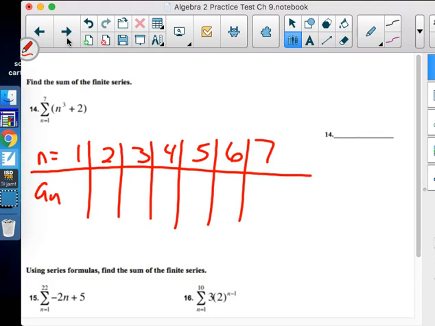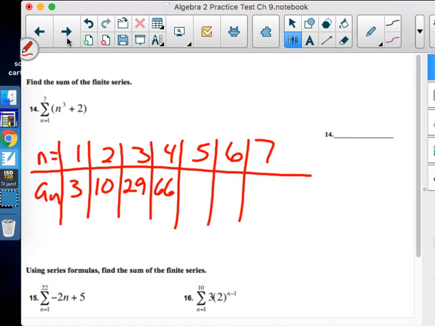Let's see. 1 cubed is 1. 1 plus 2 is 3. That's not so big and scary yet. 2 cubed is 8. 8 plus 2 is 10. 3 cubed, 27. 27 plus 2 is 29. 4 cubed, 64. 64 plus 2, 66.